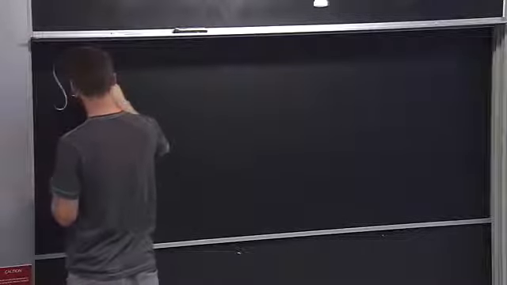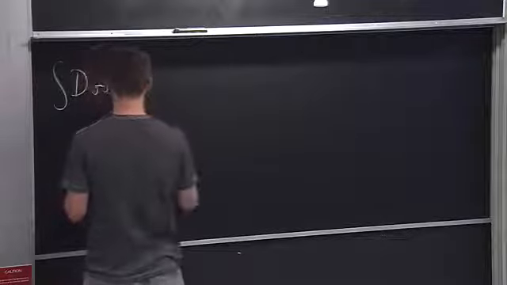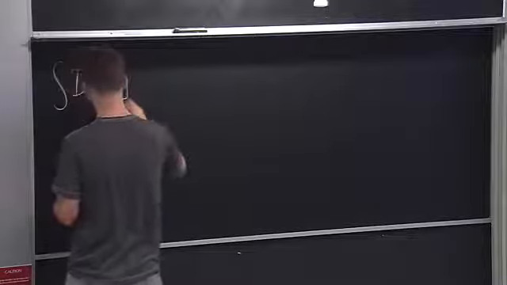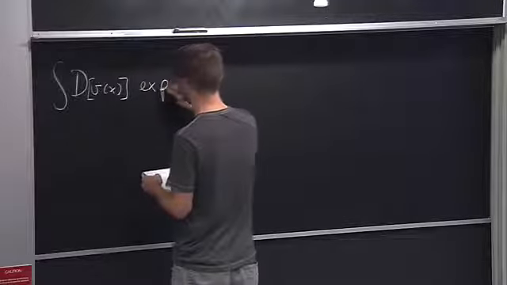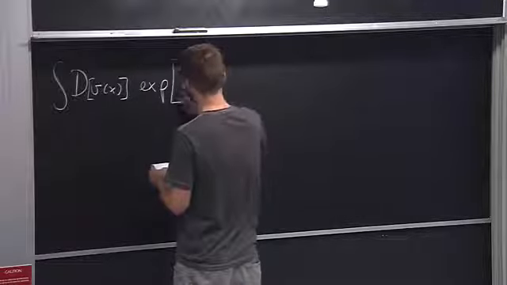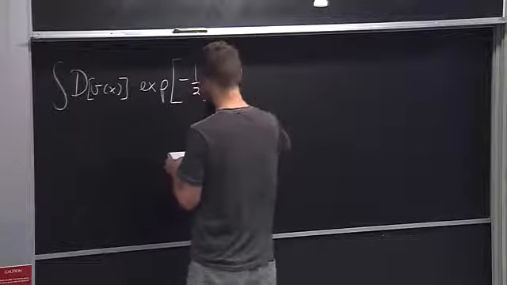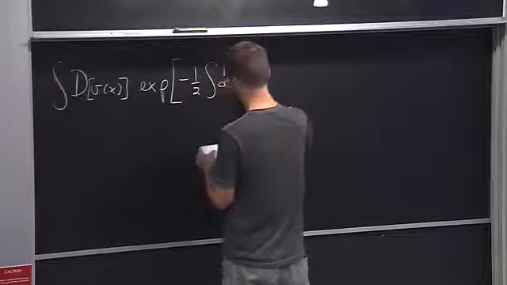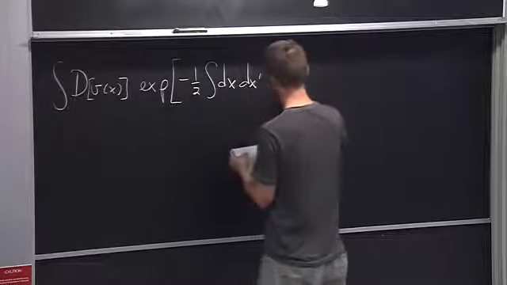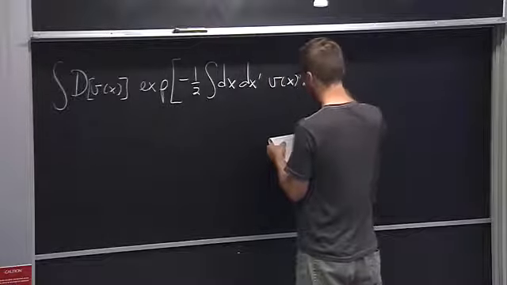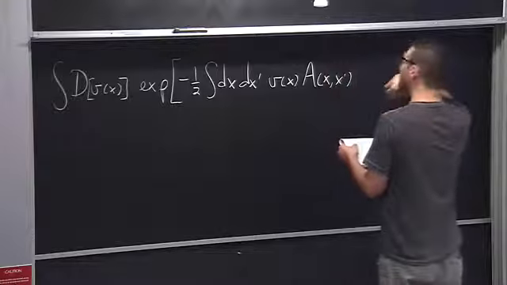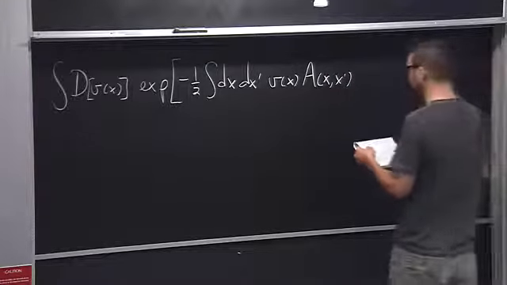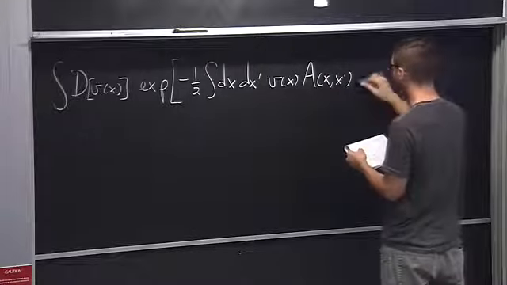Because we have a functional integral, maybe like this, instead of a sum. Okay, so then I'm going to have, I'm not drawing any vectors or any arrows over anything.